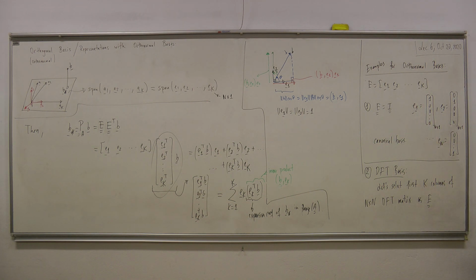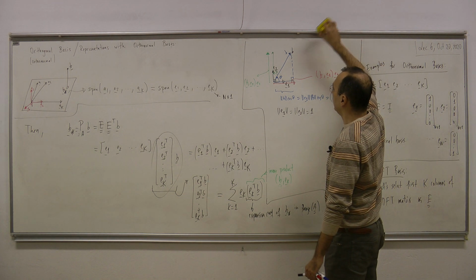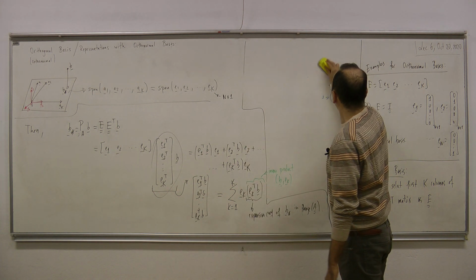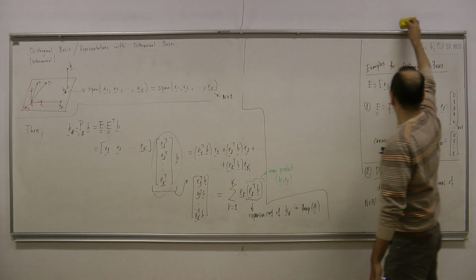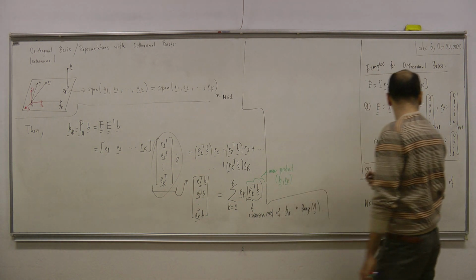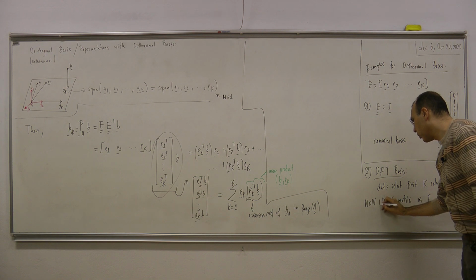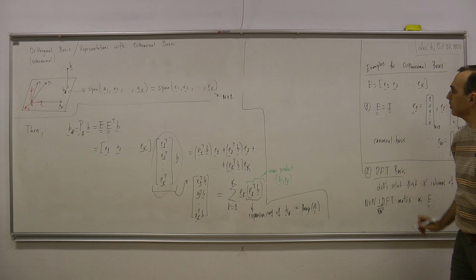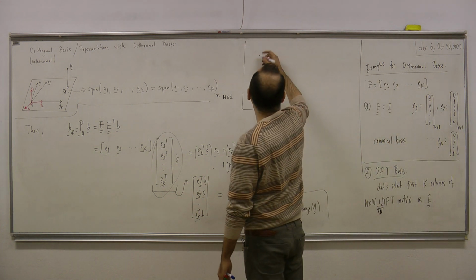So is this E matrix orthonormal? That is our question. Let me erase this because it's closer to here. There is a minor detail over here, but let me put 1 over square root of n times the DFT matrix. I think it will be clear eventually.